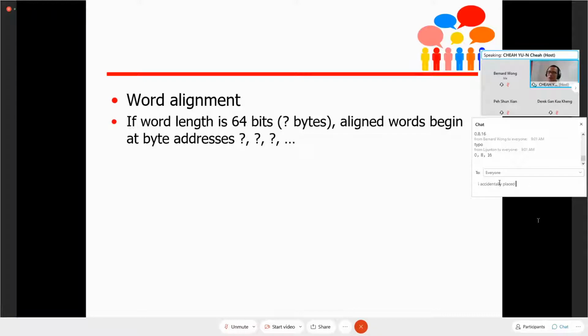Bernard's answer would be correct if you start with 1, then 9, and so on. But if you start with 0, then it'll be 0, 8, and so on. So just be careful about that one. I accidentally placed my finger wrongly on the keyboard. Okay, answer accepted.